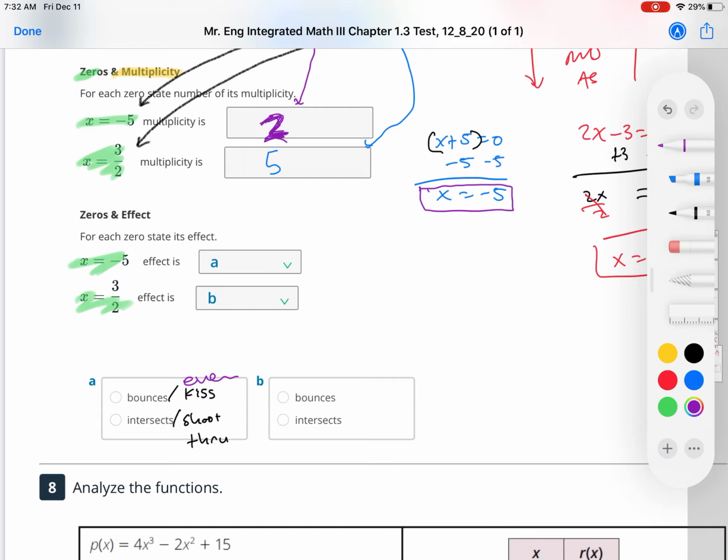So for x equals -5, its effect is a bounce or a kiss. This one, 5, is it an even or an odd number? That is an odd, so it's going to shoot through or intersect.